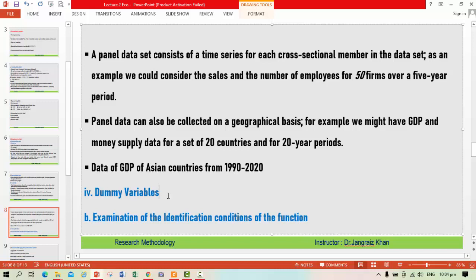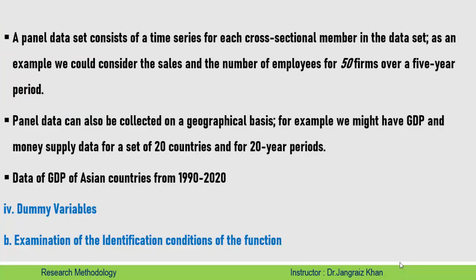Sometimes we use dummy variables. Dummy variables are also an important concept. Dummy variables are used in those cases where we have a qualitative response. In the data set we have things like male, female, house ownership, owned, rented, and education characteristic, educated, uneducated.